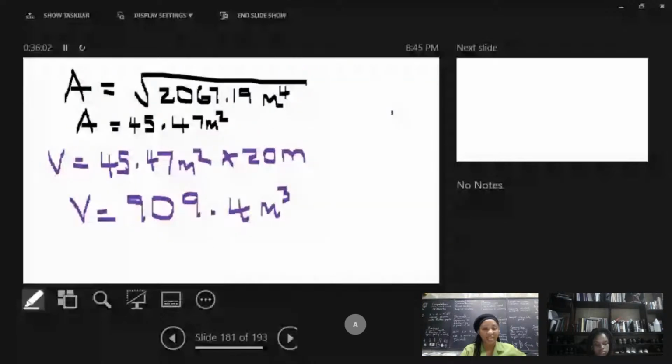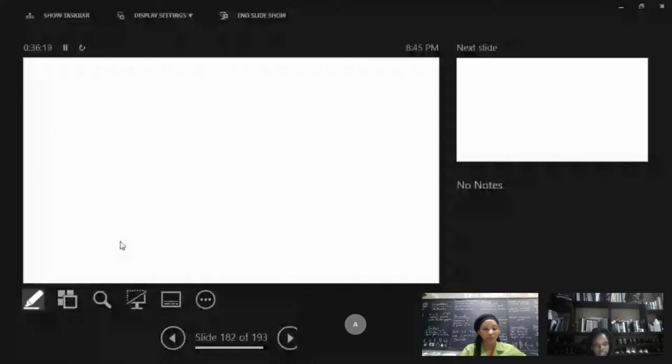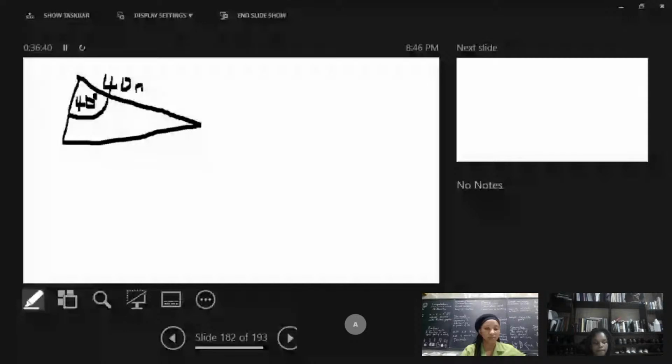That's for the area, and the volume of the prism is the area of the triangular base times the height. So now the scenario which John is going to do is, if you don't know the height, you don't know the base, it's not a right angle, but you know 2 sides and the angle between the 2 sides.